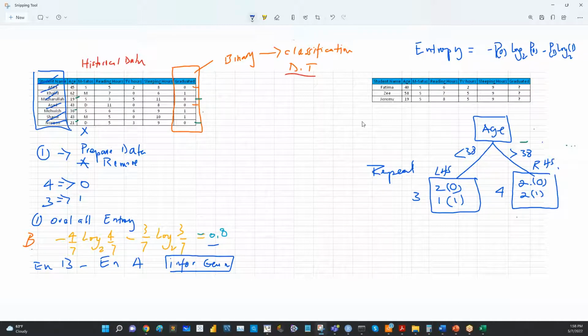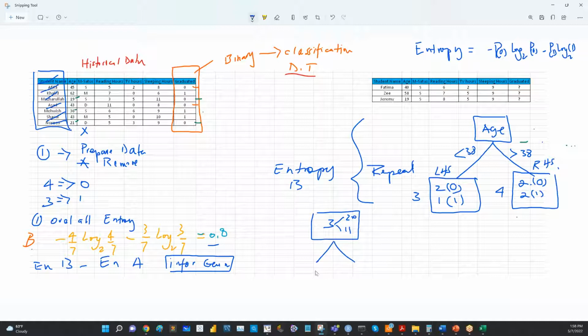So we are going to calculate the entropy before, and now we are going to split the left hand side. This is the left hand side. We got 3, and of course we got 2 zeros and 1 one.